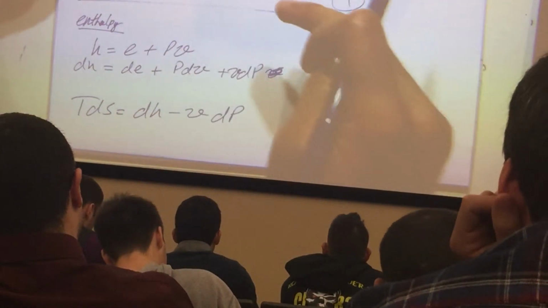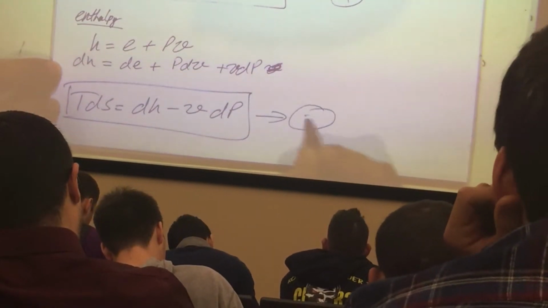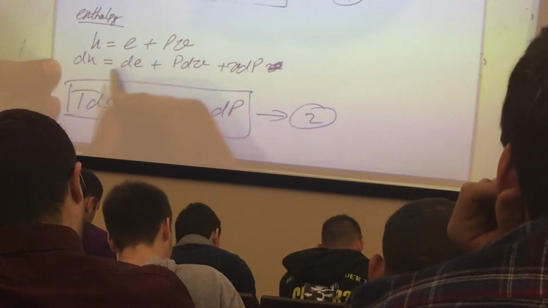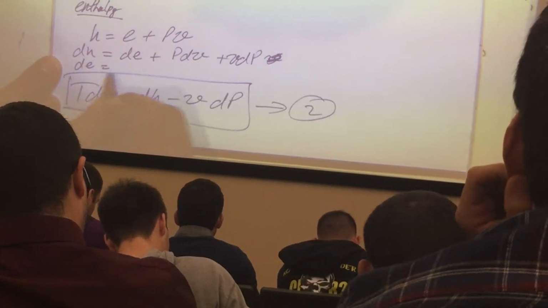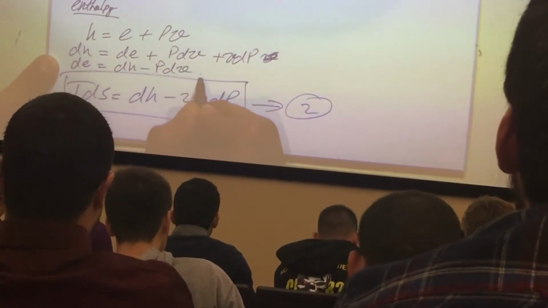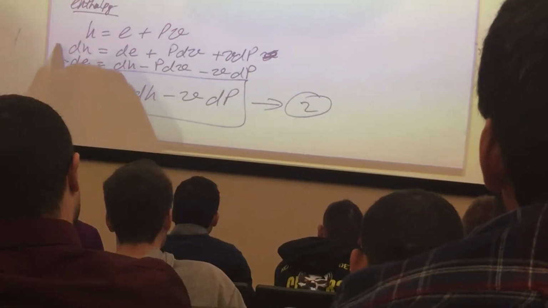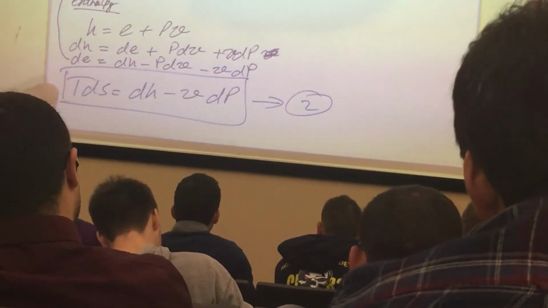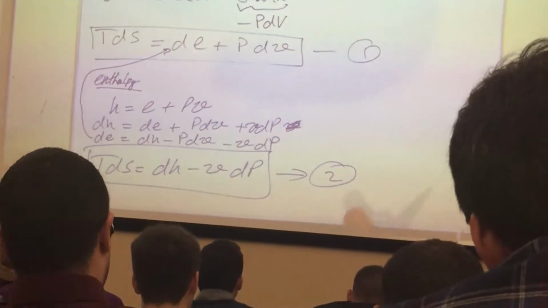This will be my equation number 2, which simply says I'm going to get everything in terms of dE. dE is equal to dH minus P dV, minus V dP. Then take this, substitute it in here, and this term will cancel out with this, and I end up with this equation. Okay? Straightforward? All right, so moving on.